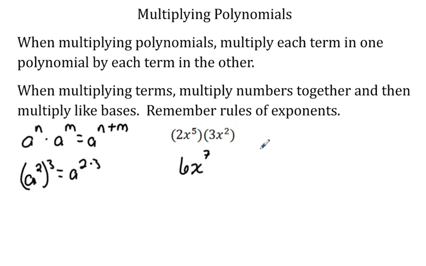That's not correct, because what we're doing when we multiply these two things together is we're multiplying 2 times x to the 5th, which is 5 x's, times 3 times x squared, which is x times x. So in all this, you've got 2 times 3, which gives you the 6, and then you've got 5 x's and 2 more, which gives you a total of 7 x's being multiplied together, which is where we get x to the 7th power.